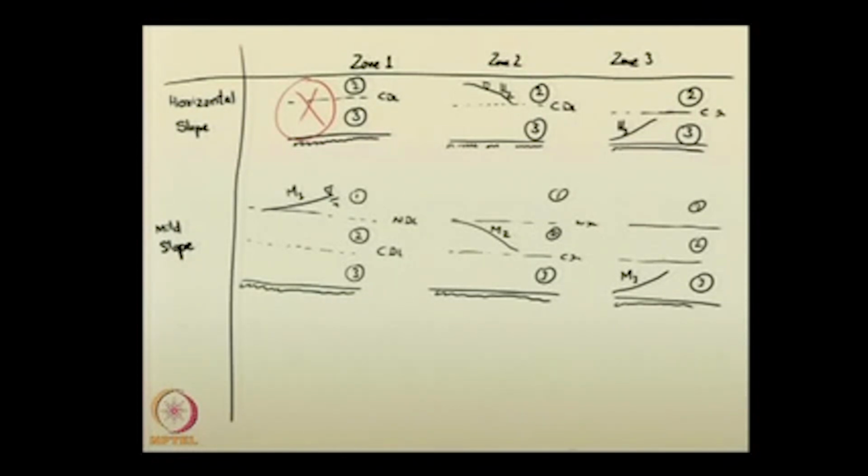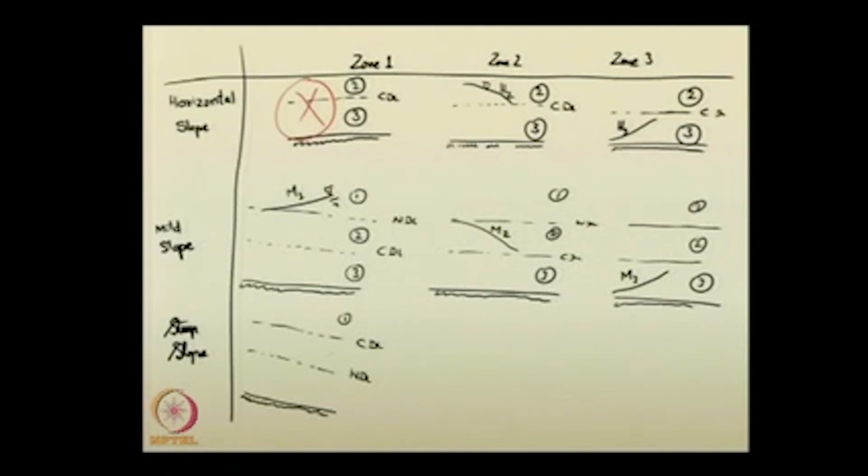For the steep slope channels, this is your channel bed, and for steep slope channels your normal depth line is below the critical depth line, fine, and for such conditions the flow exists in zone 1.